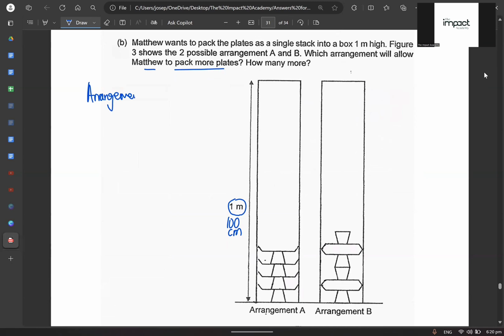Whenever you do questions like that, you have to go in sets. For the first one, very simple. Everything is 6, 6, 6, 6, 6, right?